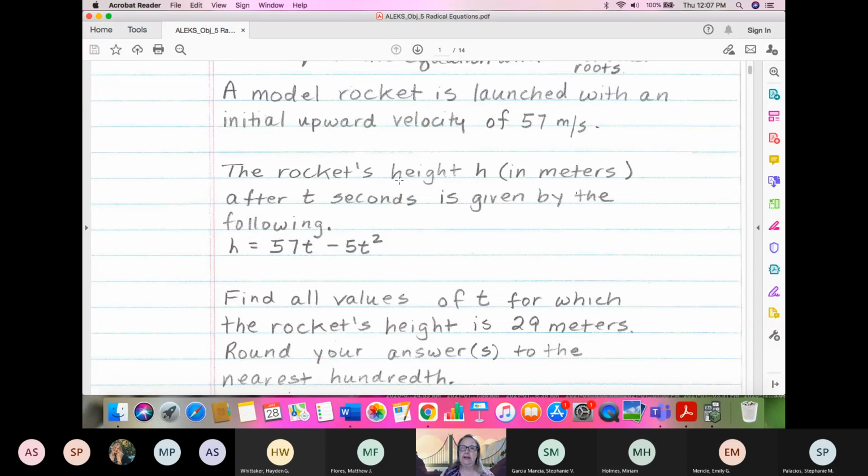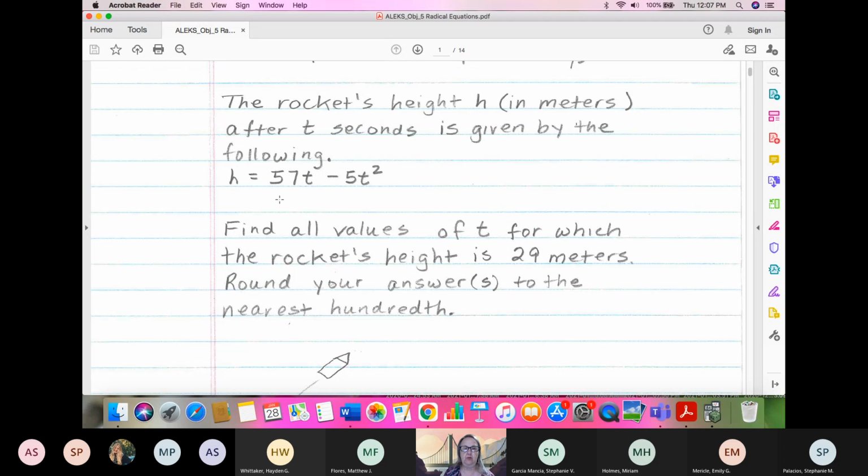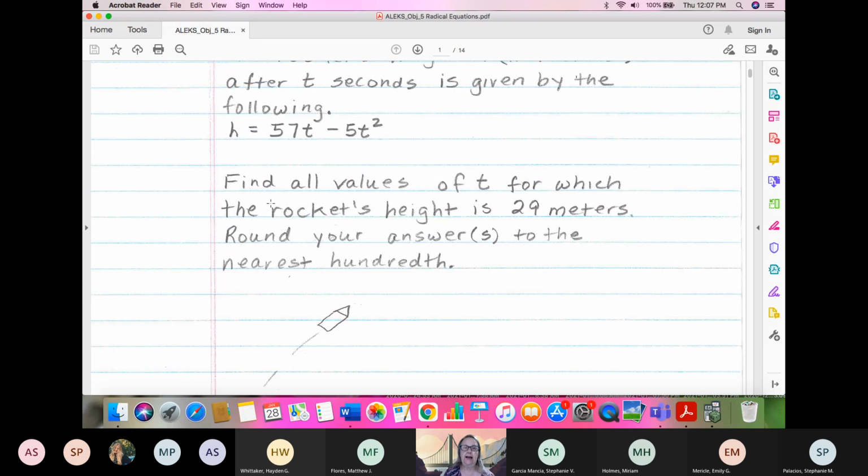The rocket's height, h, in meters after t seconds is given by the following. h equals 57t minus 5t squared. Find all values of t for which the rocket's height is 29 meters. Round your answer to the nearest hundredth.